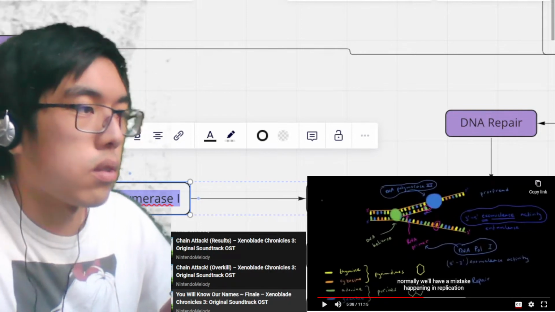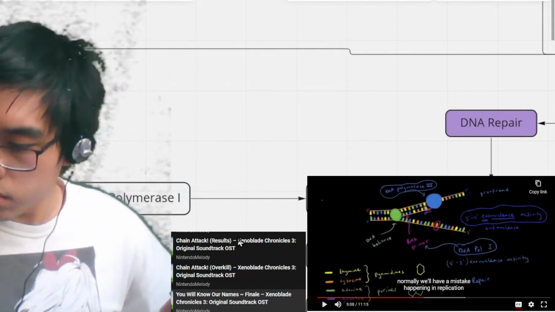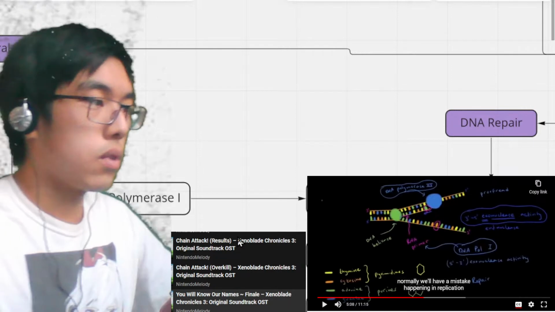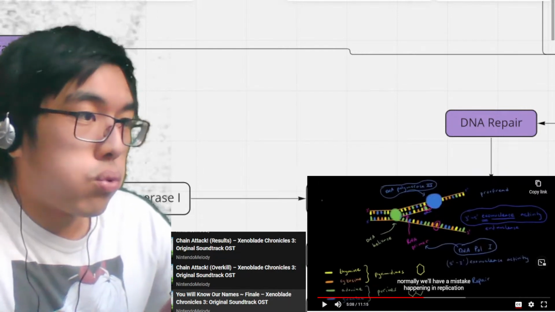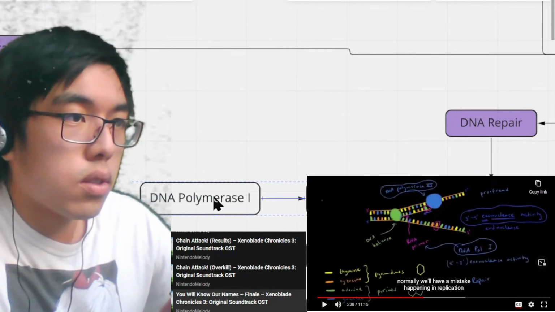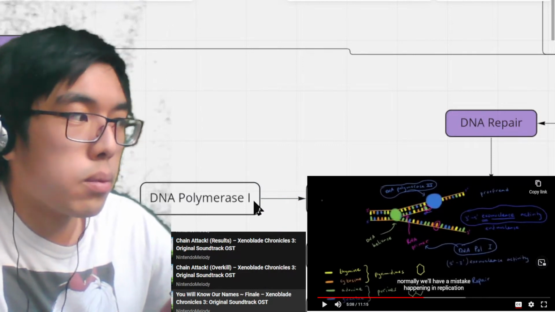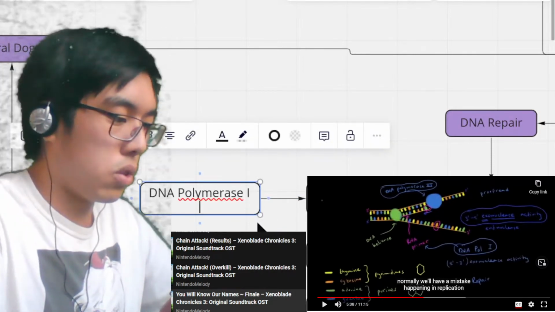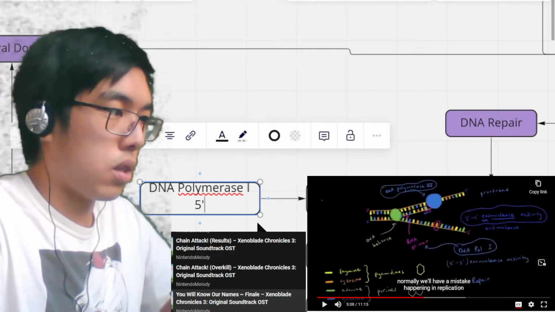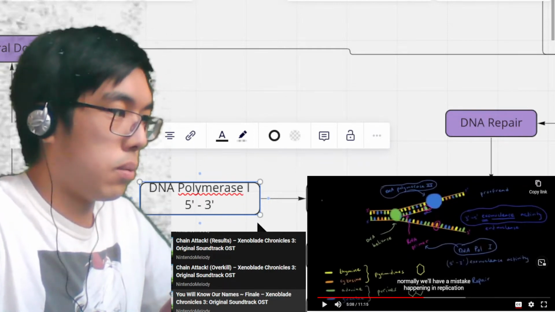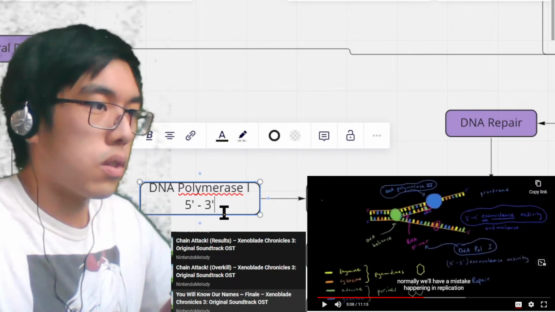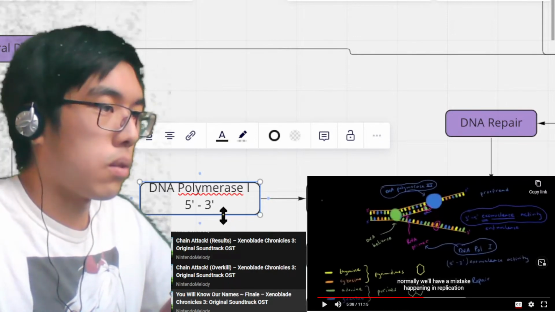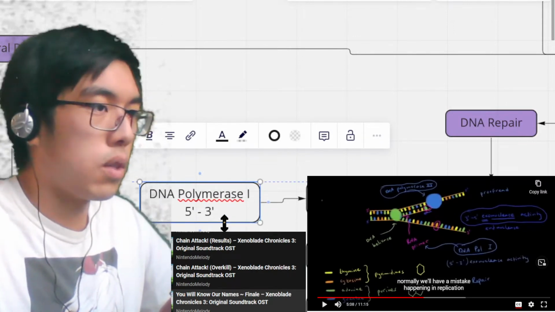There you go. With that, the only problem left over is the direction that I need to specify here, which can be 5' to 3', in the sense that it's going to pull back and try and grab the RNA primer.